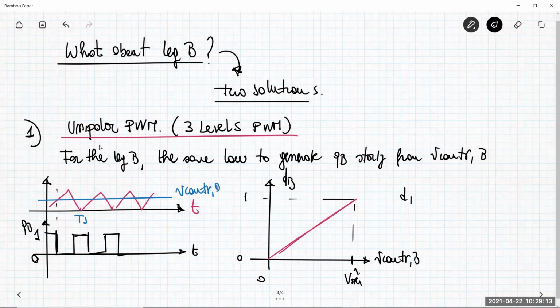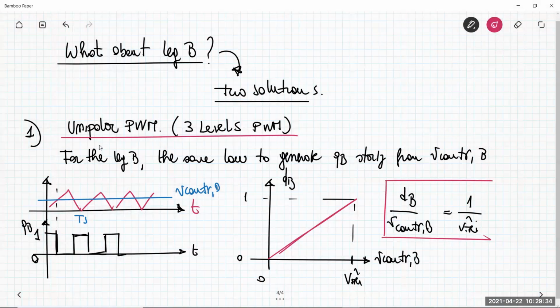So dB over V control B is 1 over V triangular peak.